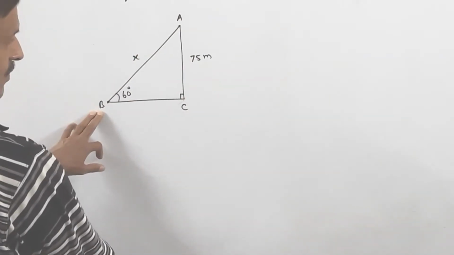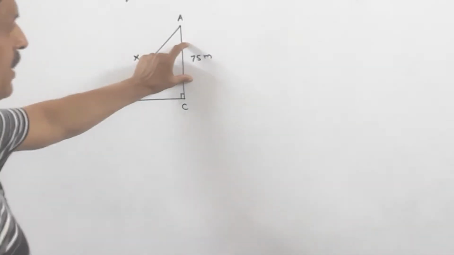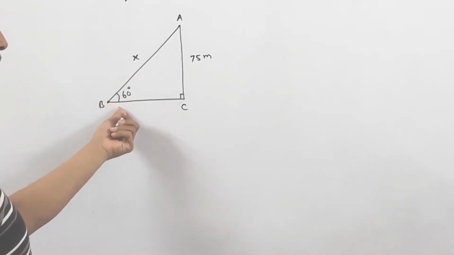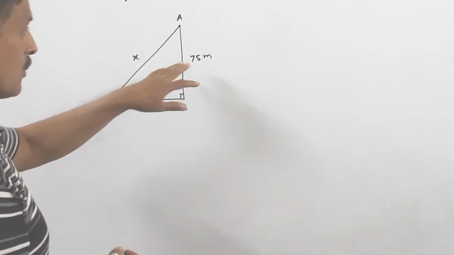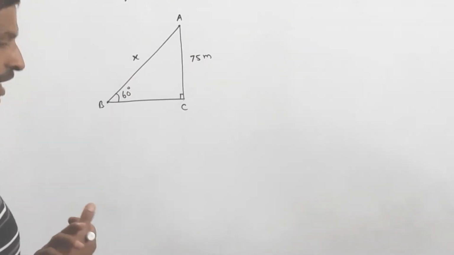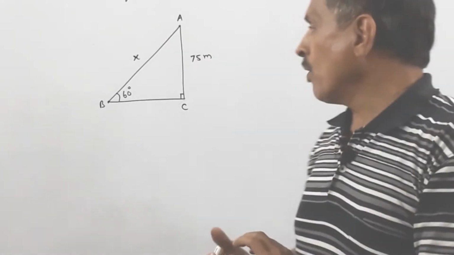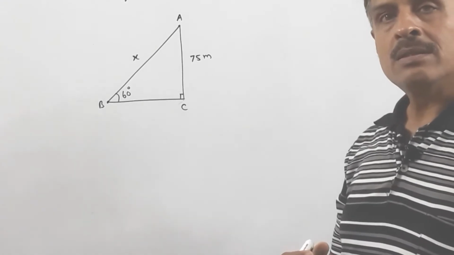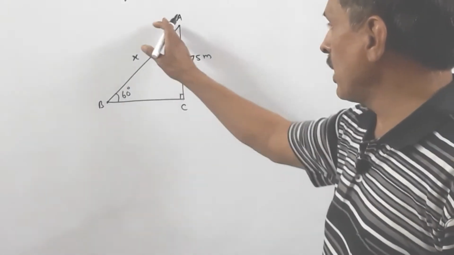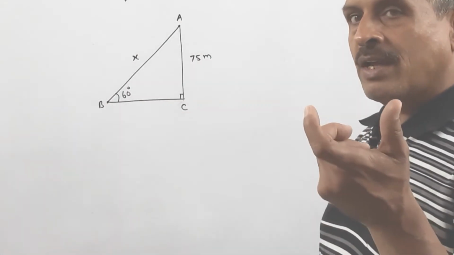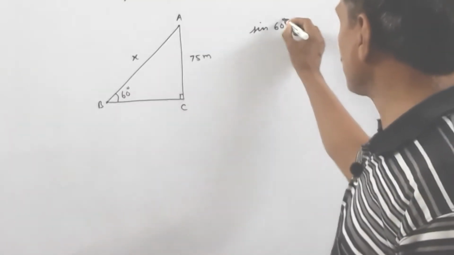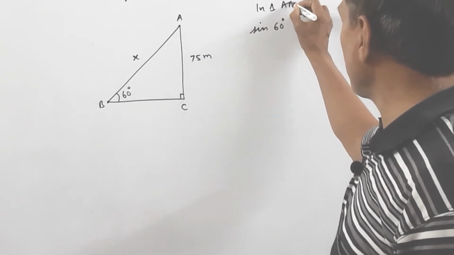This is x. Now here we are given the height. We have to find the hypotenuse and the angle of elevation is given. So what is the unknown quantity? That is x, and this is the known quantity 75, which is the height. So we can use either cosec 60 degrees or sine 60 degrees, because from perpendicular and hypotenuse we can form a trigonometric ratio, say sine 60 degrees in triangle ABC.